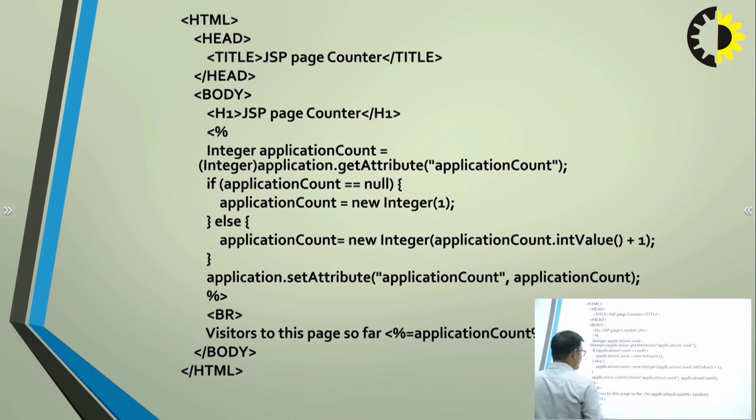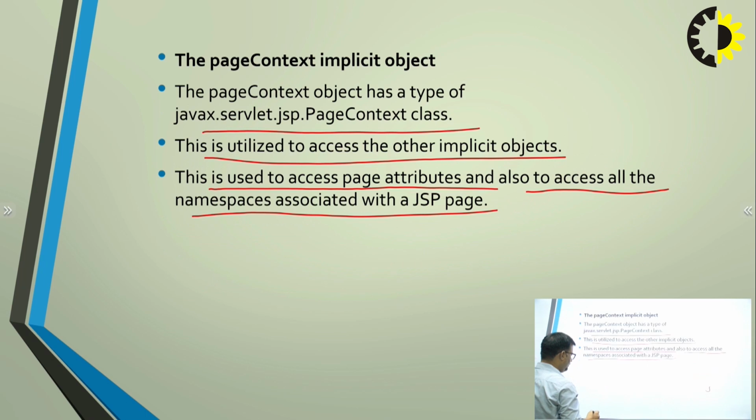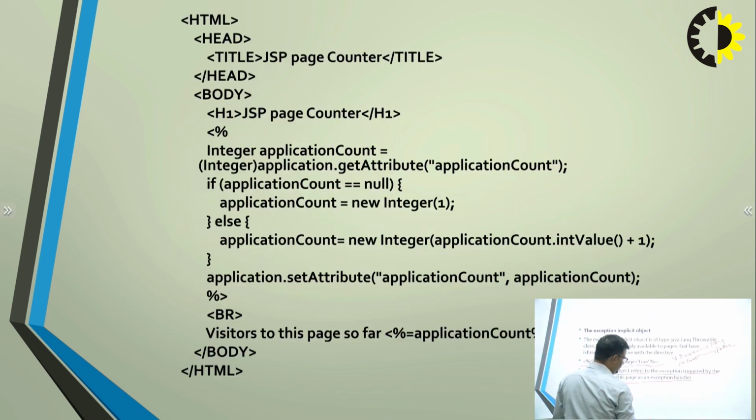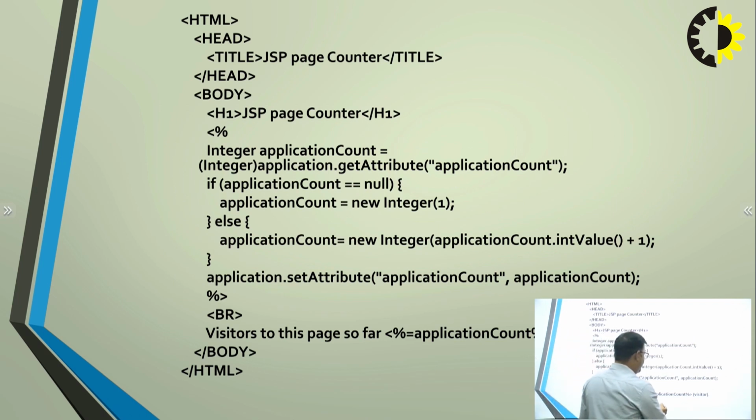Then close, and application set attributes application count is equal to application count. Then the visitors of this page so far is application count, and the number of visitors will be counted.